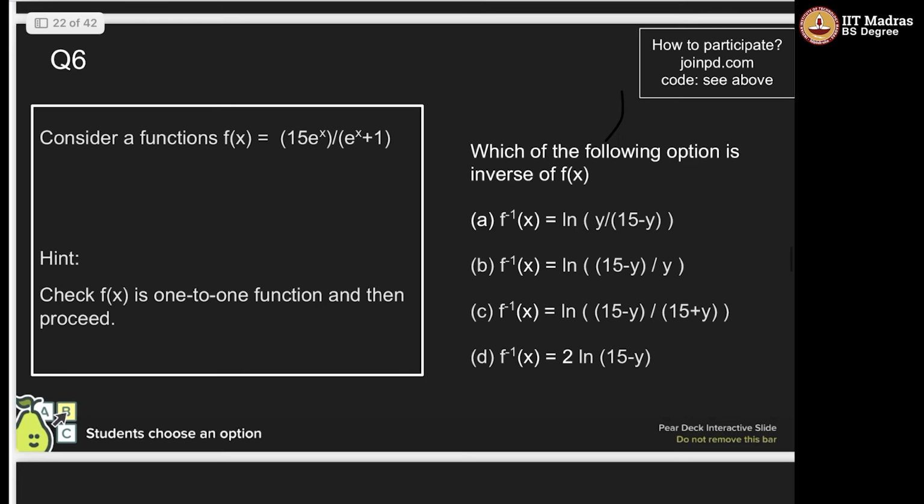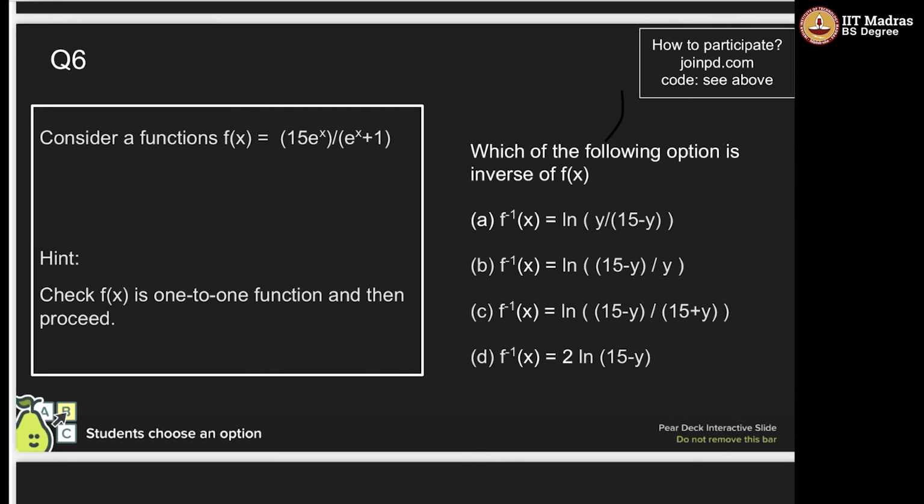Okay, so this is the next question. We are given a function 15 e^x by (e^x + 1). Which of the following options is the inverse? Generally, if you are given a function and have to comment on the inverse, you first have to check whether the inverse exists or not. That means the function is both one-one and onto or not.